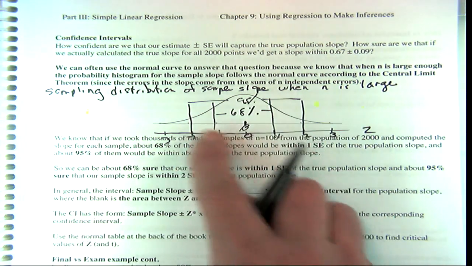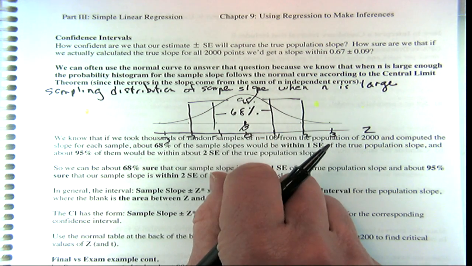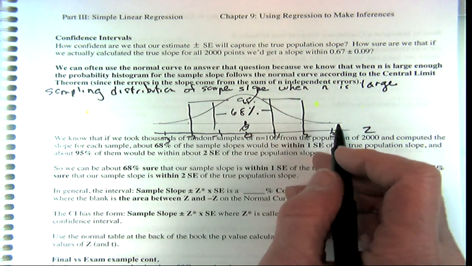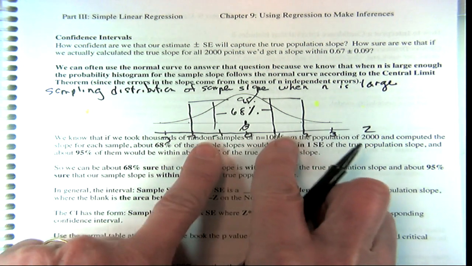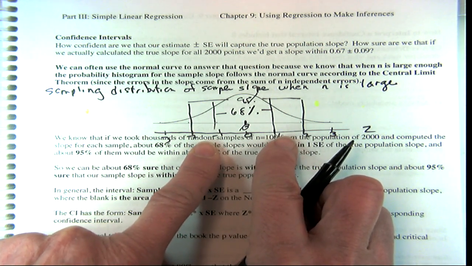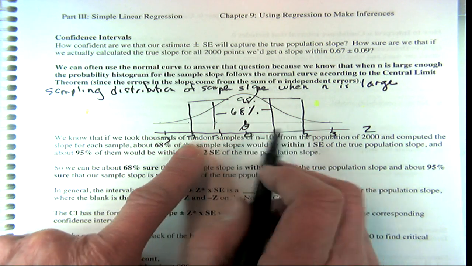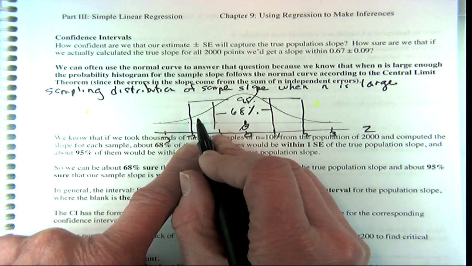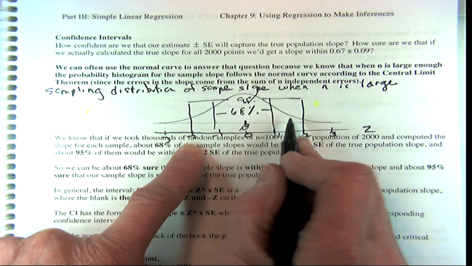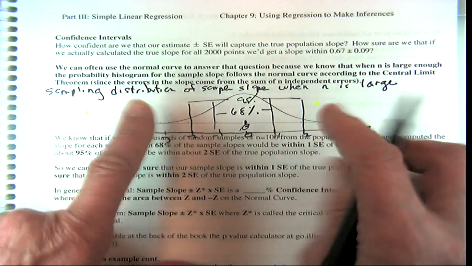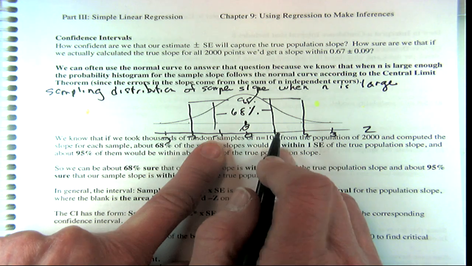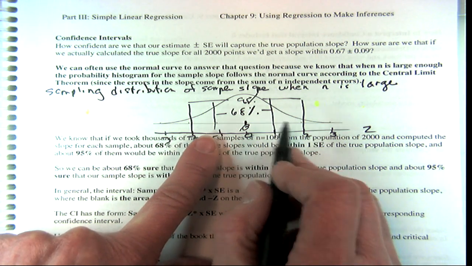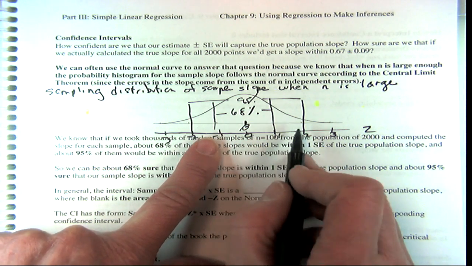All right? Now, we don't see all these times. All we see is one particular sample. But since 95% of the time we'd be within 2 standard errors of the true population, we can be 95% confident that our particular sample slope is within that range and doesn't stick out over here. That would only happen 5% of the time. We don't know for sure, but we think that that's what a confidence interval means.